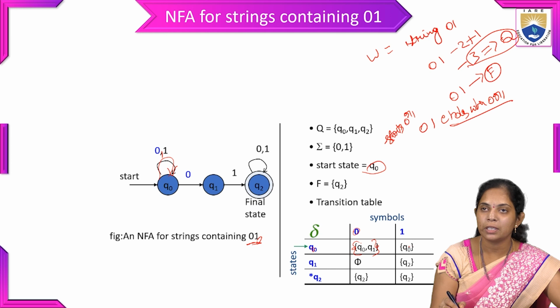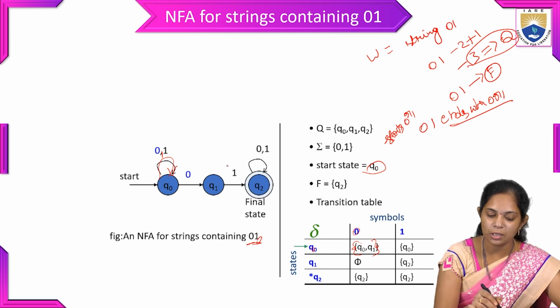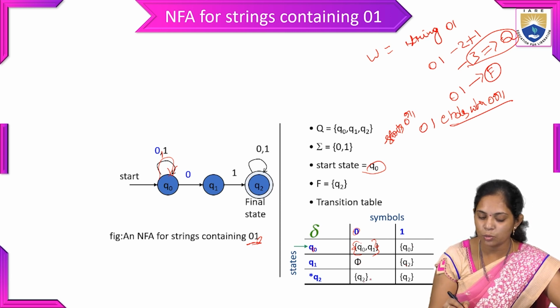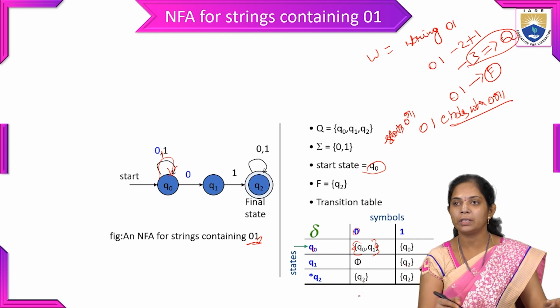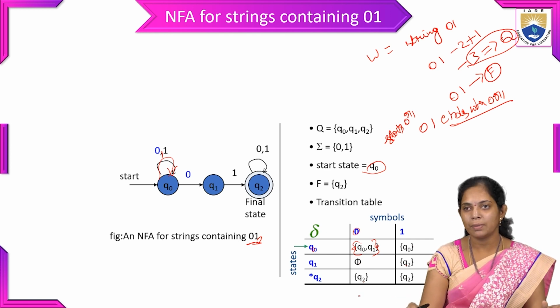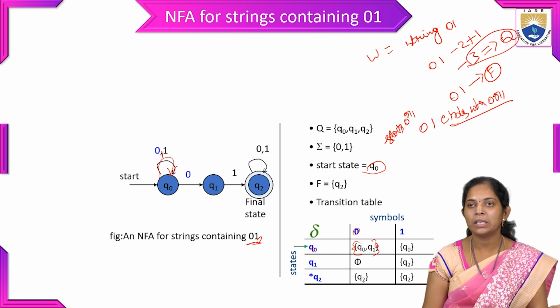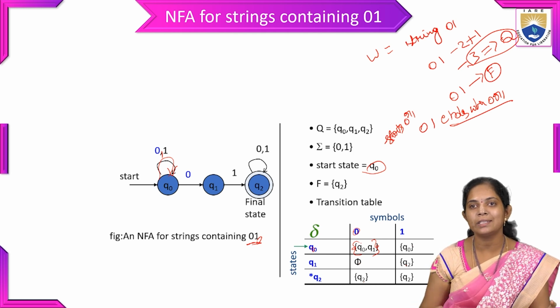From the q1 state, on 0 there is nothing; on 1 it goes to q2. For the q2 state, on both 0 and 1 it is a self loop and reaches q2. This is how we have constructed an NFA for the strings containing 0 comma 1.